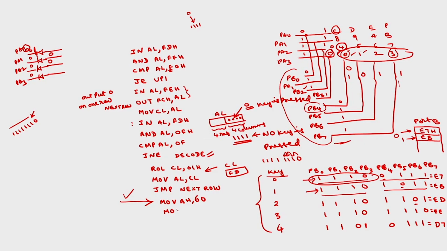Move SI comma AX, then move AL comma contents of SI, because in that particular location we have the code corresponding to the key that is pressed. I take that into the accumulator, then halt. So this process is to decode the key. This is how we can interface the keyboard to the 8086 microprocessor.